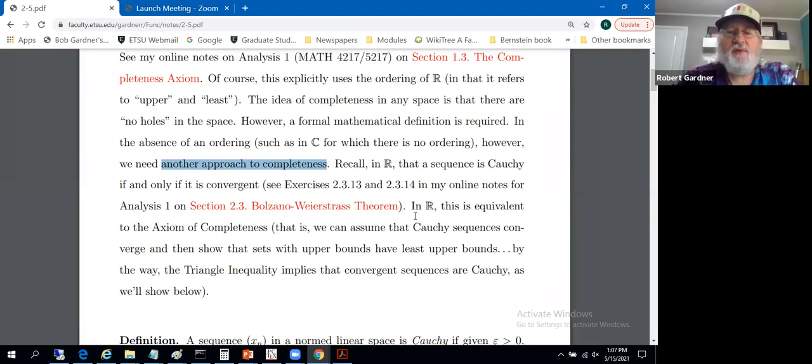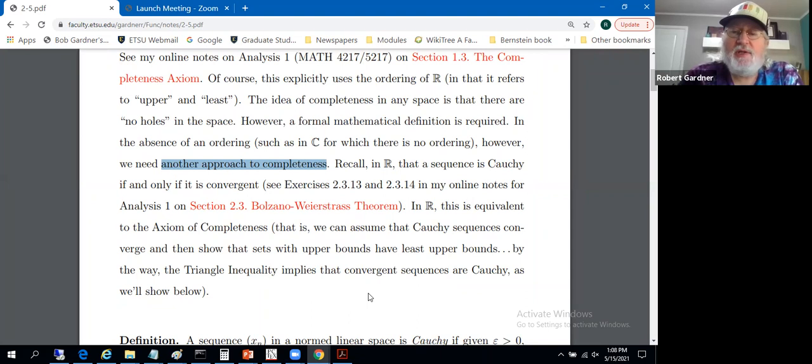Final comment from your past experience. In the reals, Cauchy sequences converging is equivalent to the axiom of completeness. That is, if we assume that Cauchy sequences converge, then we can show that sets with upper bounds have least upper bounds. We can show the axiom of completeness can be replaced with an axiom that Cauchy sequences always converge.